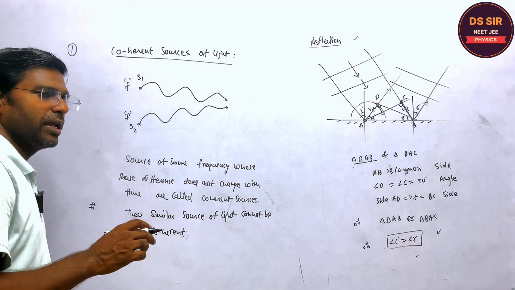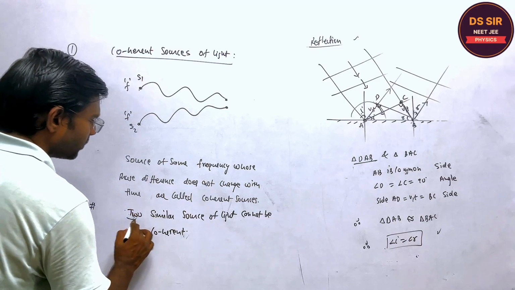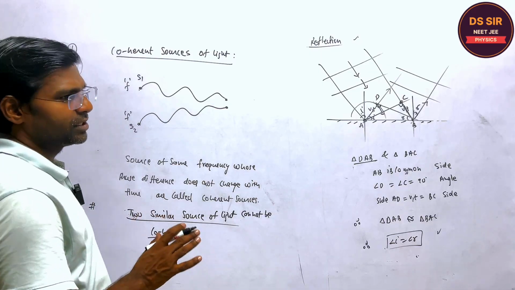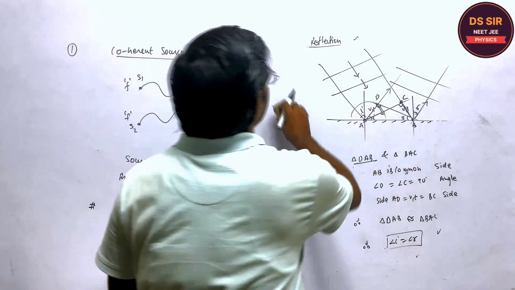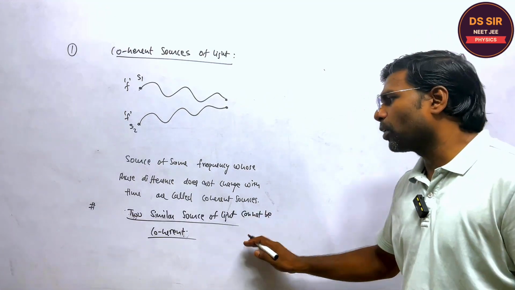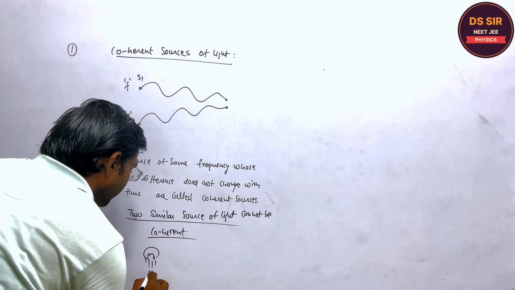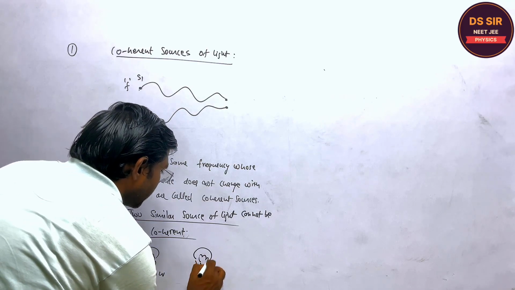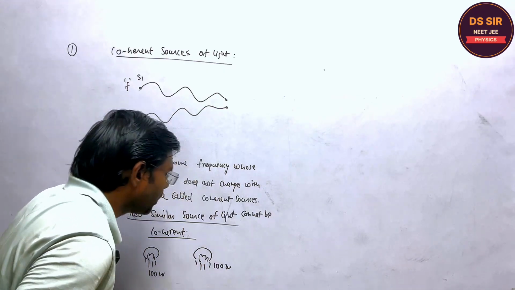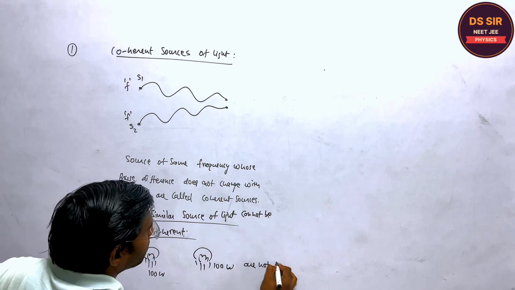Everything is the same, color is the same, frequency of light is the same, but two similar sources of light cannot be coherent.